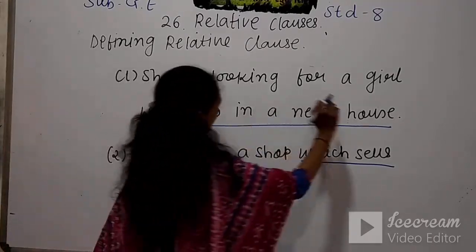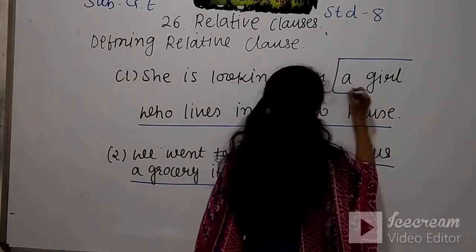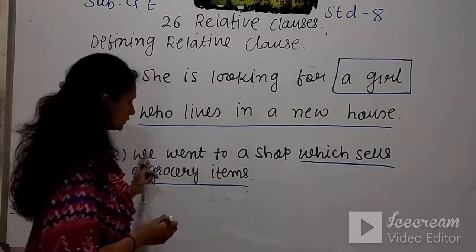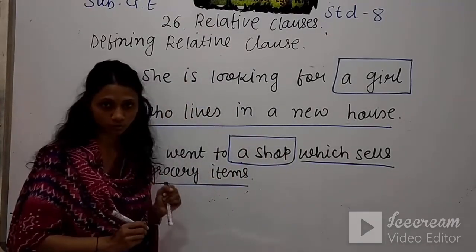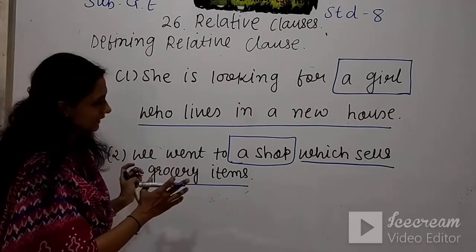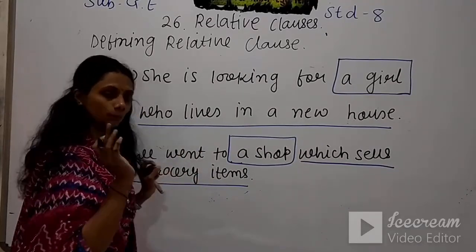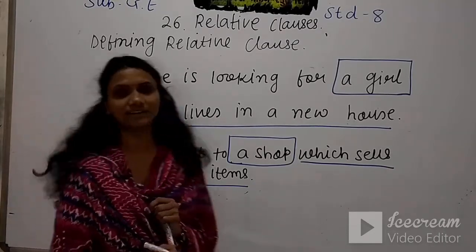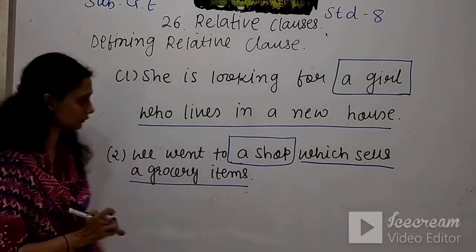Here this part, who lives in a new house, indicates a girl, and this clause indicates a shop. These are called defining clauses because here you find the noun just before the relative clause. So these two are known as defining relative clauses. Please note this down. After that we will go for non-defining relative clause.